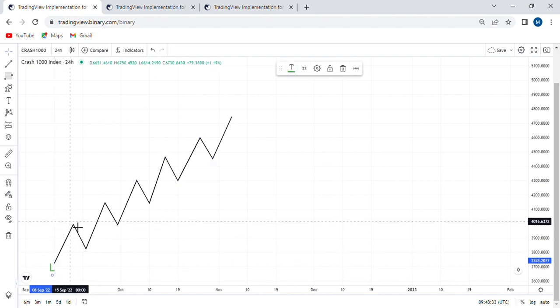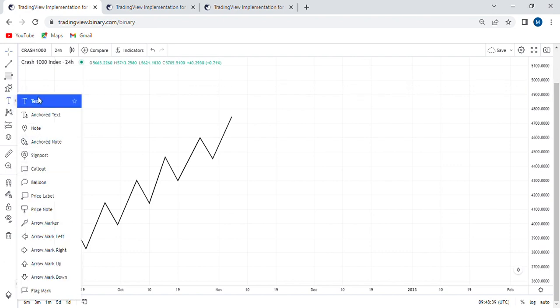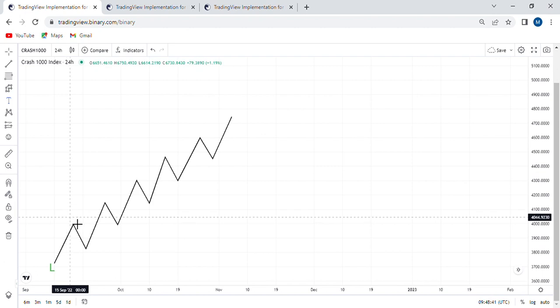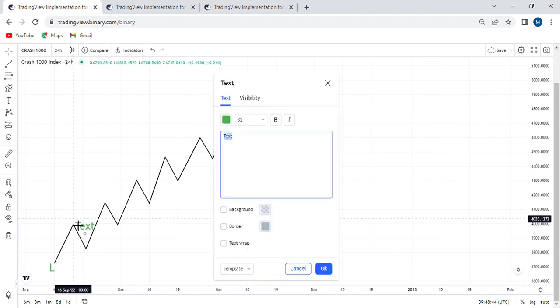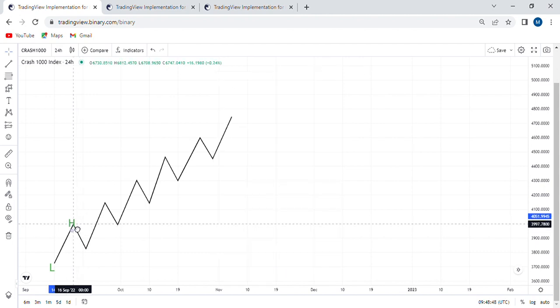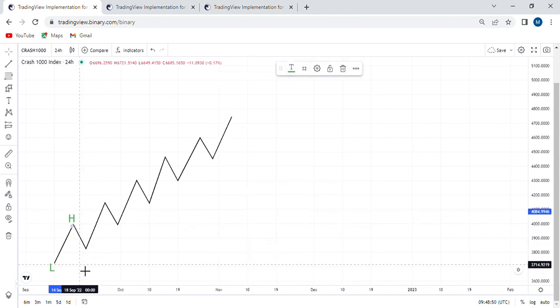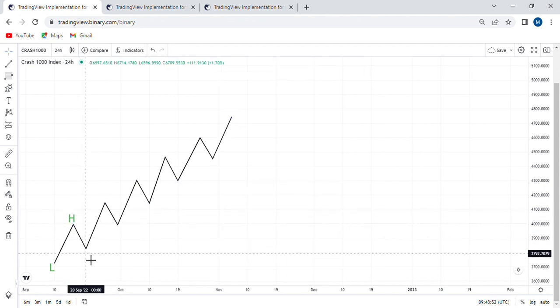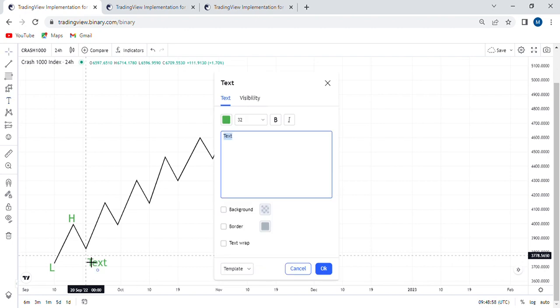Then this is our high here. We have a higher low here, a higher low here.